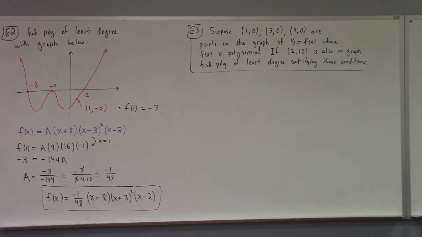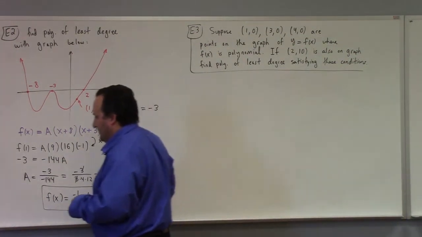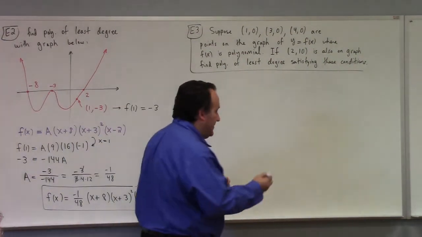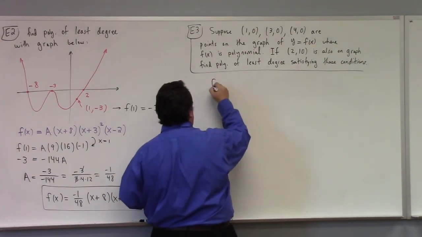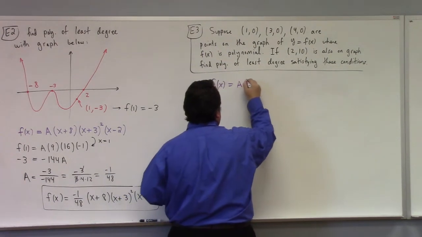So how do we get an x-intercept? These are all x-intercepts, right, except for the 2, 10. So from the factor theorem, we should do what? F of x equals what here? Let's put an a in there because we want to be able to adjust it, right? So f of x equals a times what?